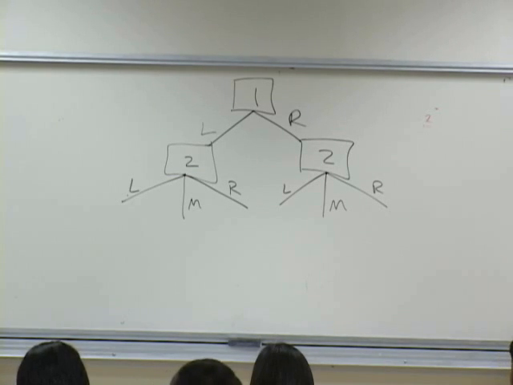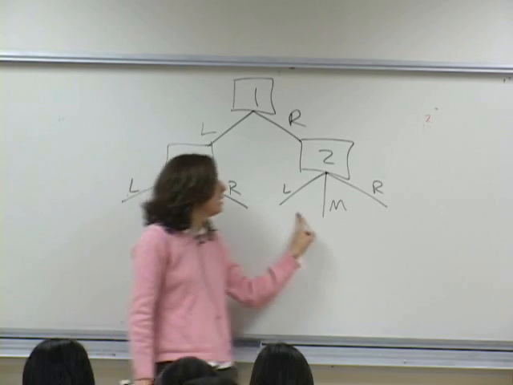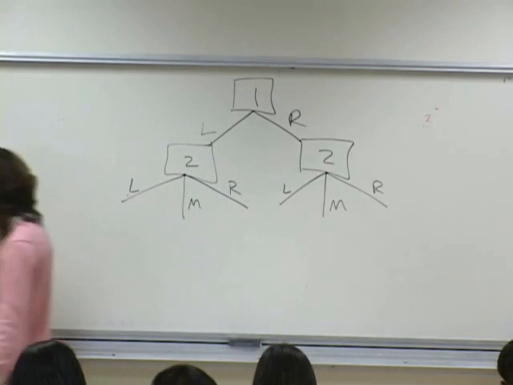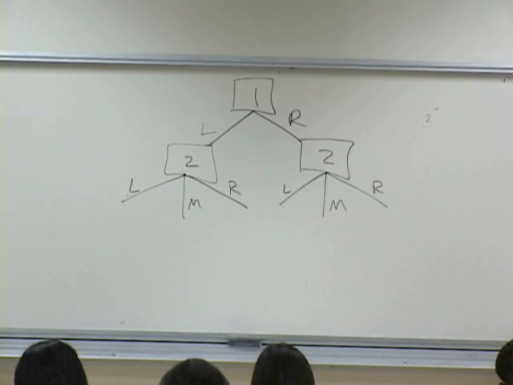How many strategies does player 1 have? 2. How many strategies does player 2 have? 9. Very good. Oh, you guys got that right away. Okay? It's 3 strategies here multiplied by 3 strategies here. 9 different strategies. Okay? Let's put some payoffs in there then.